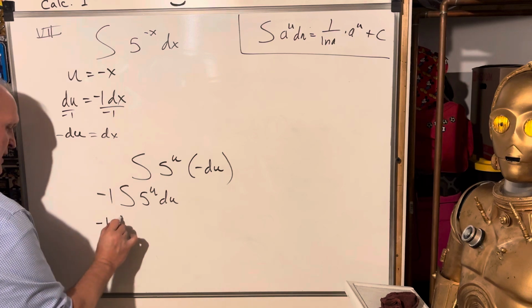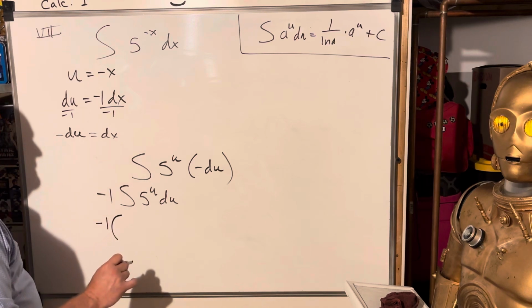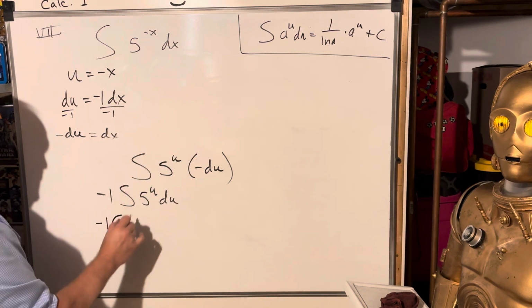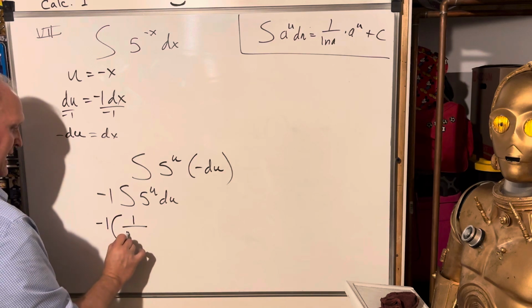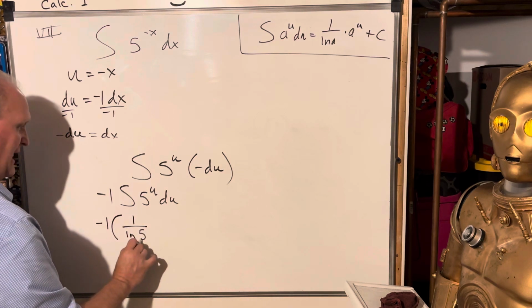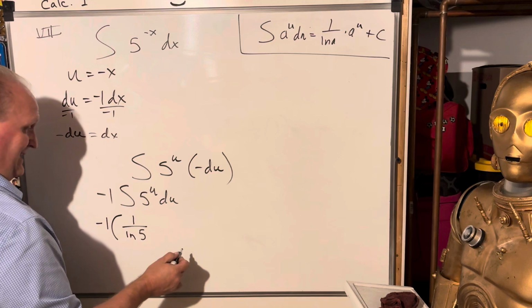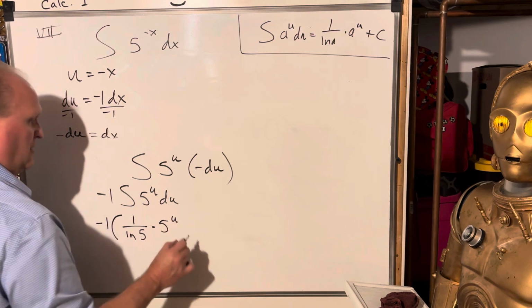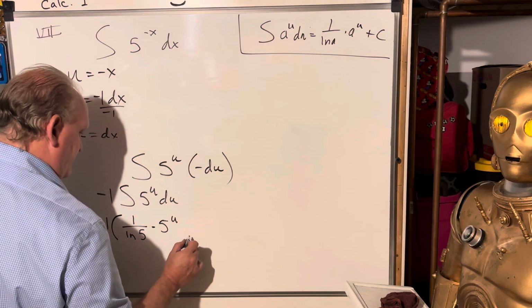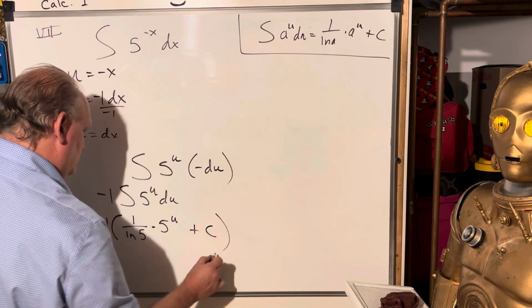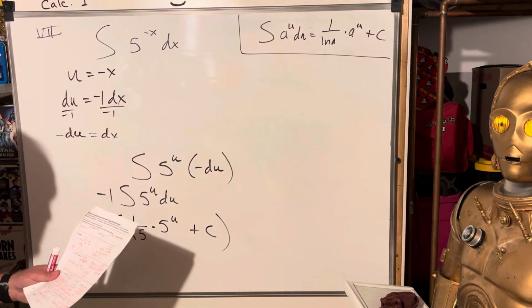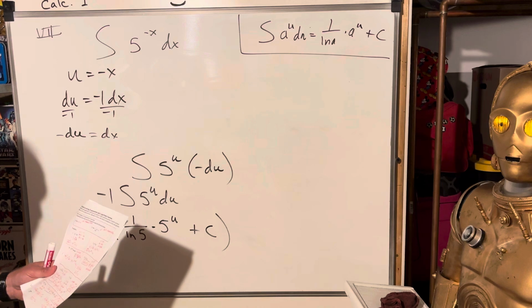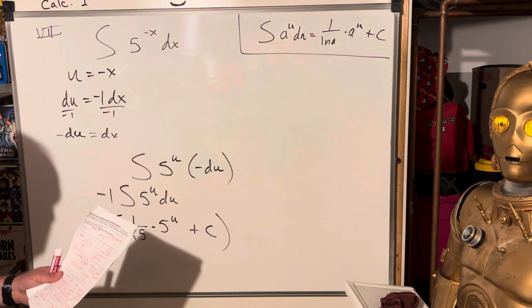So negative 1 times quantity 1 over the natural log of 5 times 5 to the u power, and then plus c. And then we got to put our x's back in.